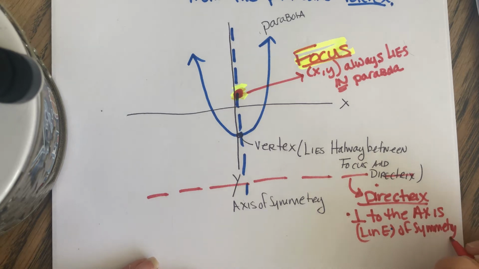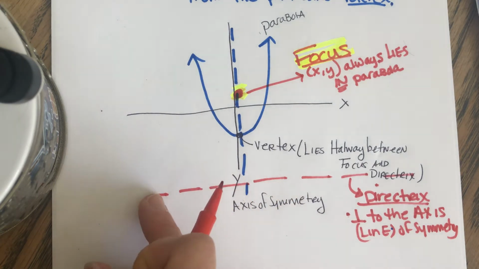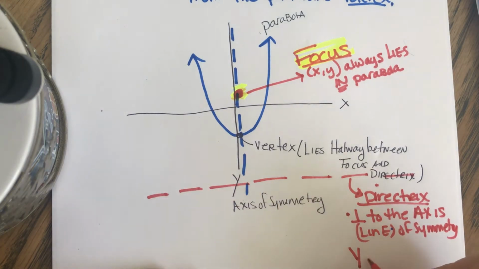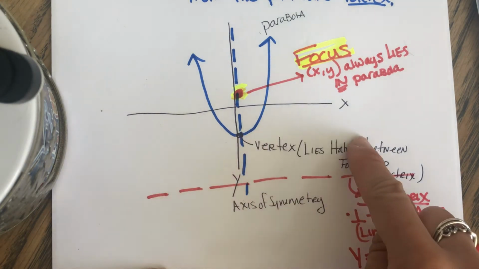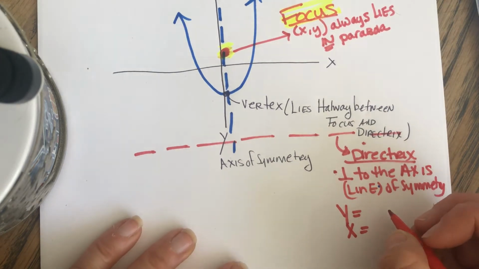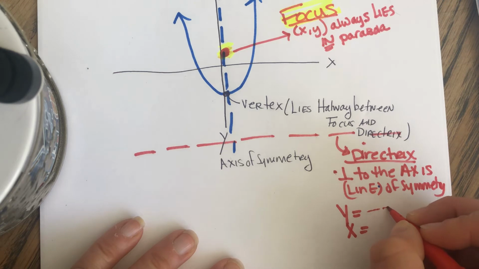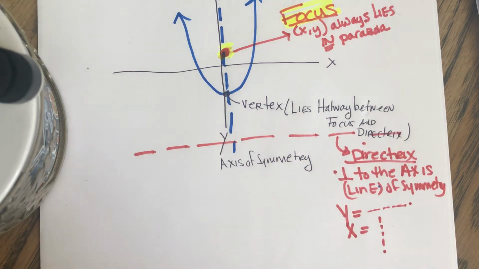Meaning, if the axis of symmetry goes this way, it's an x equals, so that means your directrix would be a y equals. If your parabola was turned this way, the axis of symmetry would be a y equals, so then it would be an x equals. So just so you guys are aware, if you want to jot this down, the y equals would be if you drew your line like this, and the x equals, depending, and it will be a number, would be like that.